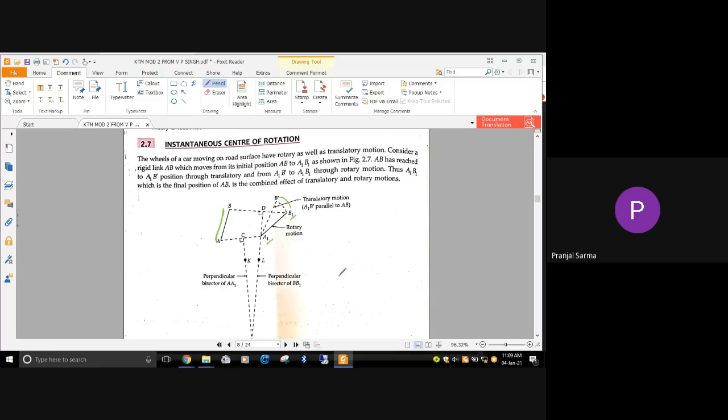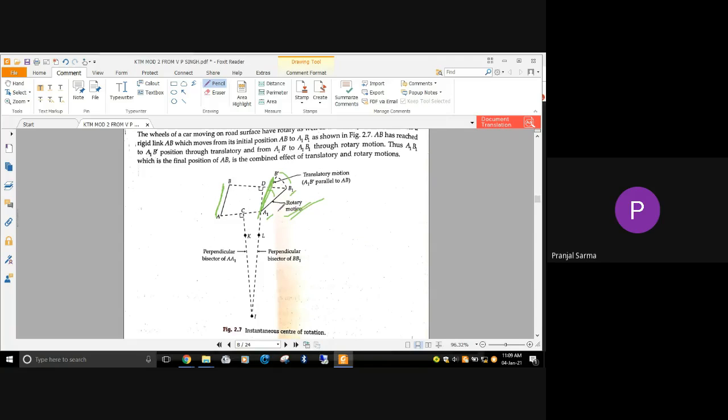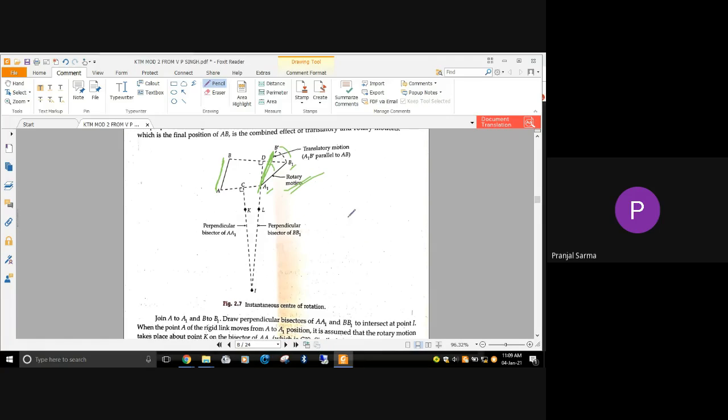So translation as well as rotation is there, and if we combine them, we get the final position. So from here to here you can consider the initial translation motion that it has got, and after that this much is the rotation. A1 B1 is nothing but the combined effect of this translation as well as rotation.